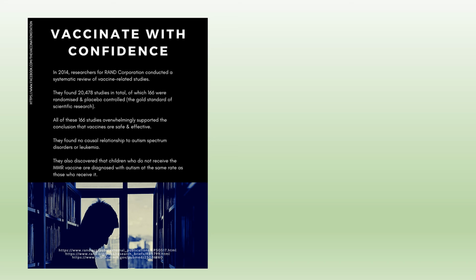In addition to VAERS, there's something called the Vaccine Injury Compensation Program. This was set up by the US government to encourage the development of vaccines by pharmaceuticals and biomedical companies. Vaccines are expensive to develop and are not as profitable as other types of drugs. So again, anyone can apply for compensation with the Vaccine Injury Compensation Program.